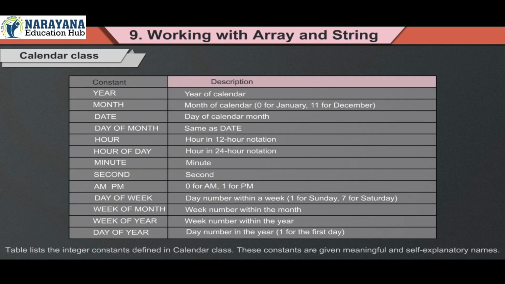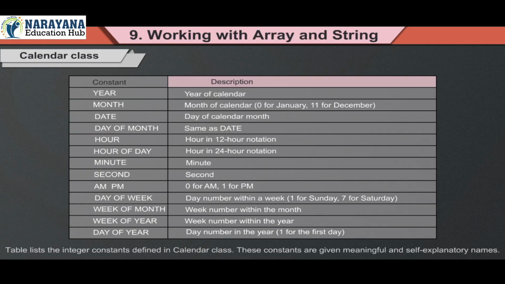Constant YEAR. Description: year of the calendar. Constant MONTH. Description: month of the calendar, that is, 0 for January, 11 for December. Constant DATE. Description: day of the calendar month. Constant DAY_OF_MONTH. Description: same as DATE.